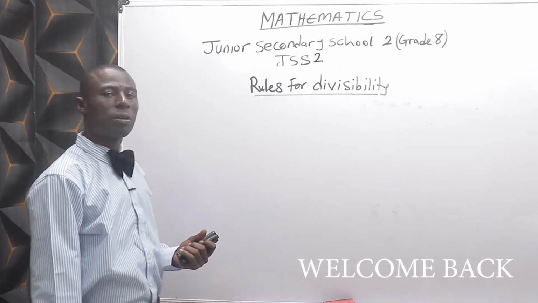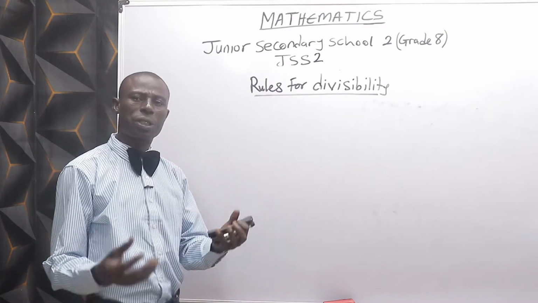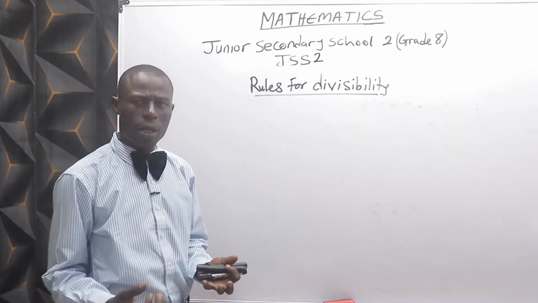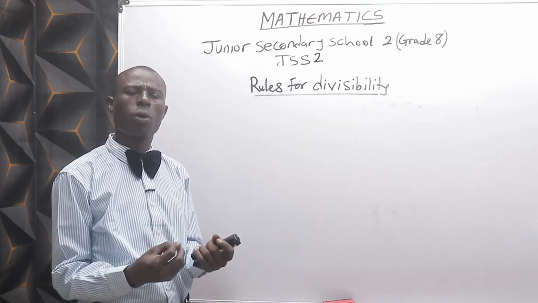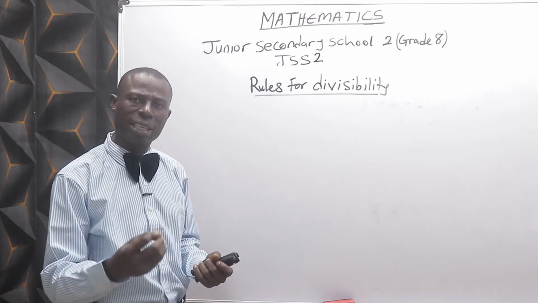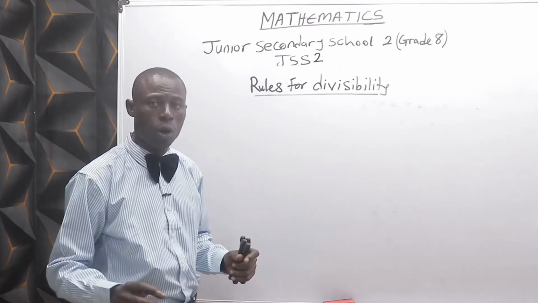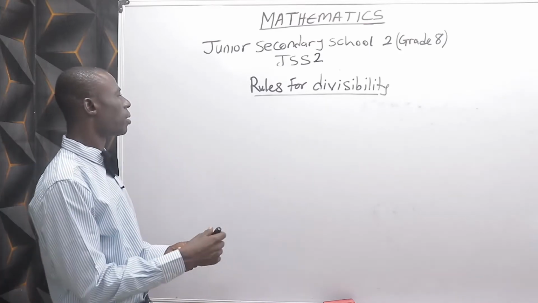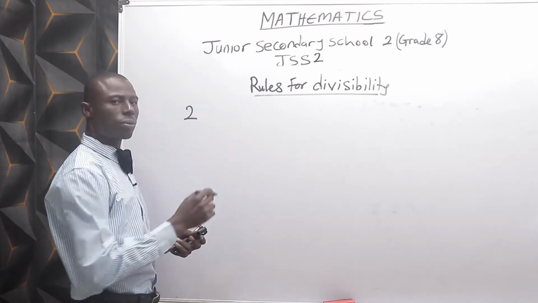Let's consider another concept, rules for divisibility. When you see a number, having learned these rules, you easily know what can divide the number and what cannot divide the number. Let's take the first one, number 2.